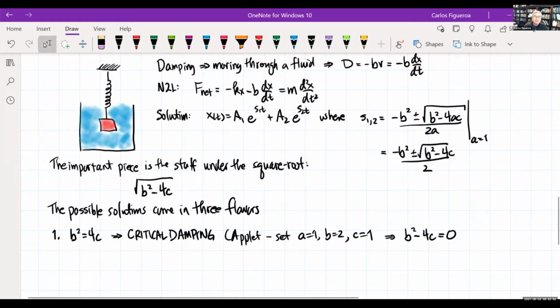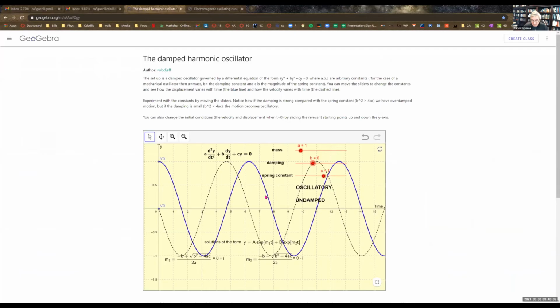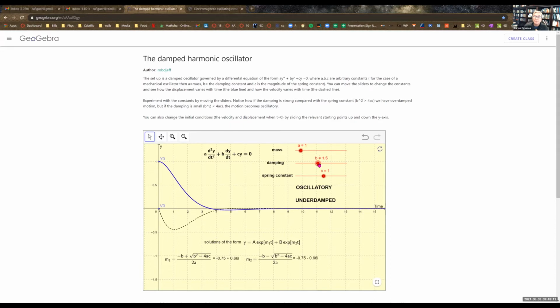So now let's go do that in the applet. So I'm going to do a new share. What I'm going to do now is keep c at 1. So I just need to change b to 2. And if I go b equals 2, I can never get it there. Oh man, I had it. Damn. Okay. Come on, baby.